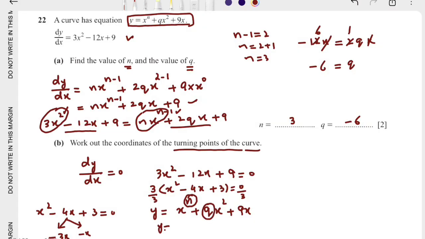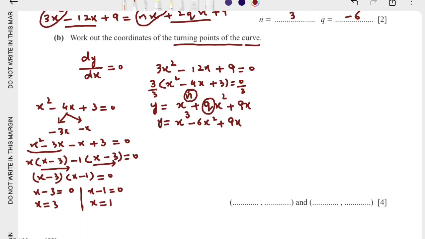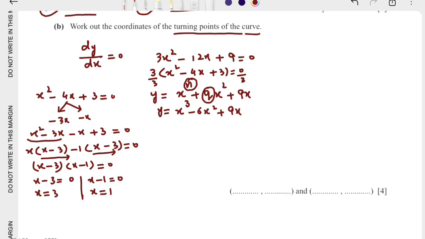So y is equal to x raised to the power 3 and the value of q is minus 6, so minus 6x squared, plus 9x. Now we have two values for x and we will substitute these two values one by one in this equation.